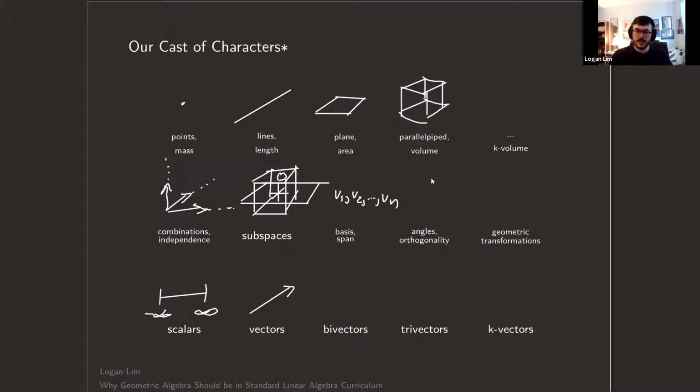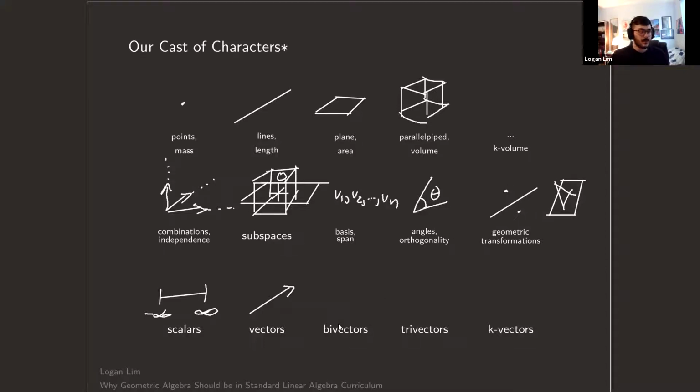And we also have these angles that we often feel are important. It's related to the idea of orthogonality, the dot product, and so on. And these geometric transformations are very important, things like reflection and projections onto surfaces. So these are the main actors of linear algebra.